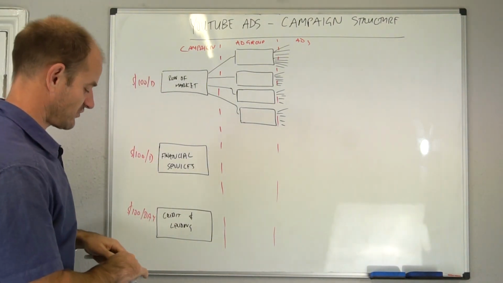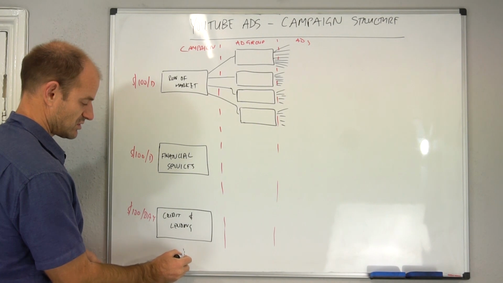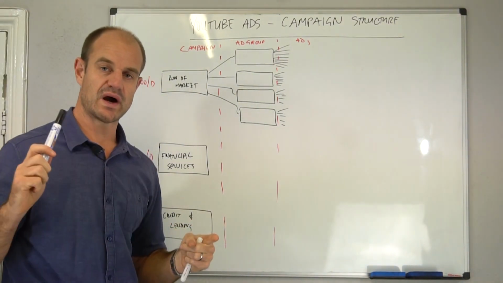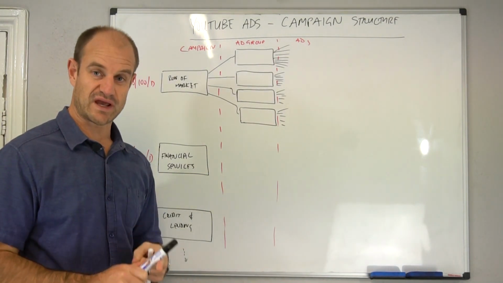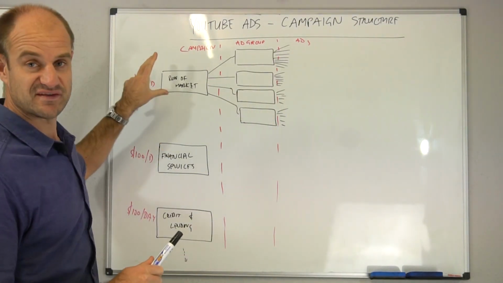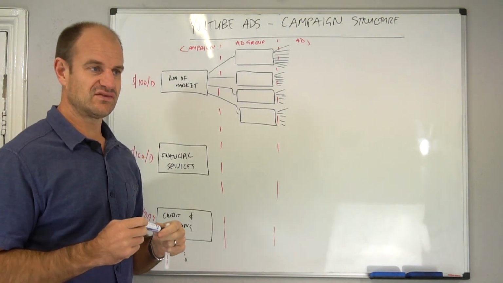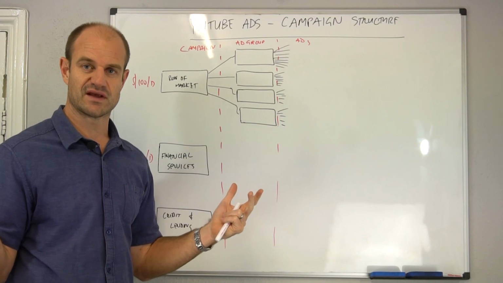At the moment I'm only showing 3, but you'd want to do another 10 down here. The way we do it is we have one audience per campaign. The top one we always start with is what we call run of the market, which is the whole of the country that you're advertising in.